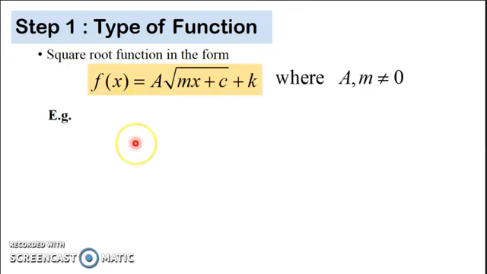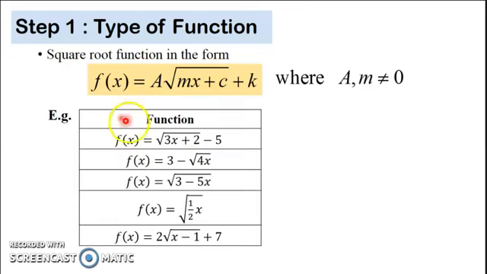For examples, these are some of the forms that fulfill the requirement, where we have a square root of a linear function. So square root of 3x + 2, square root of 4x, square root of 3 − 5x, square root of 1/2 x, square root of x − 1.